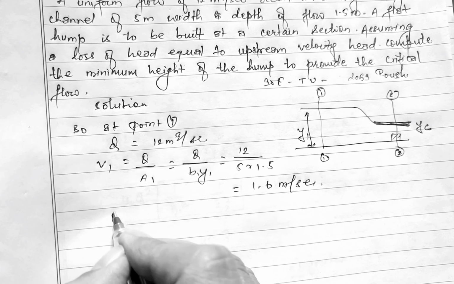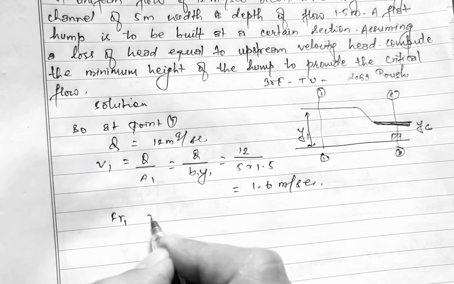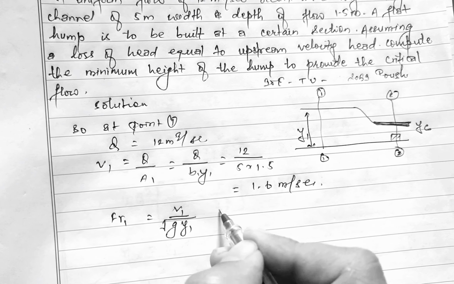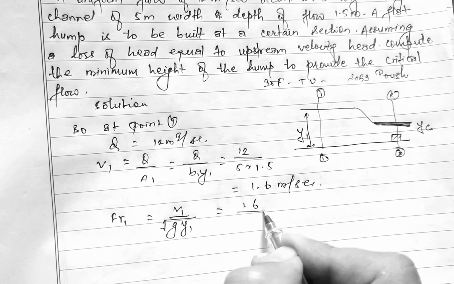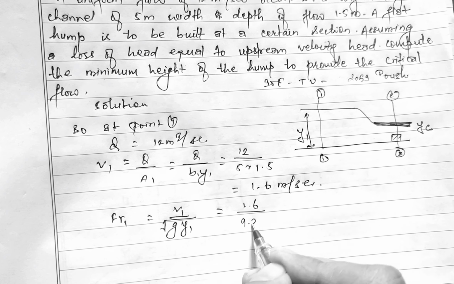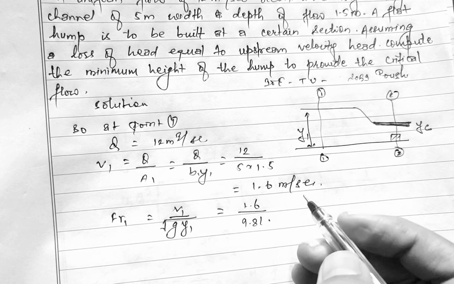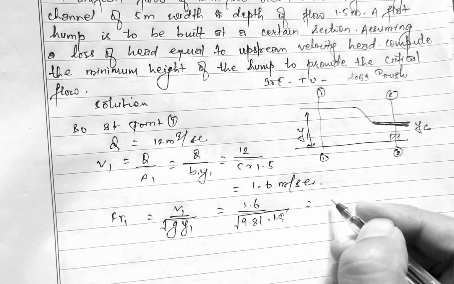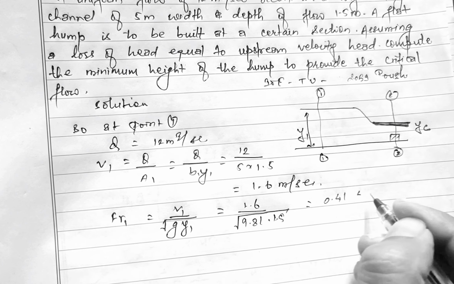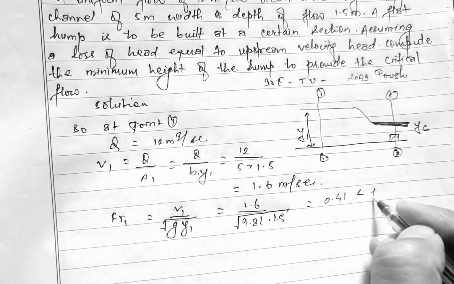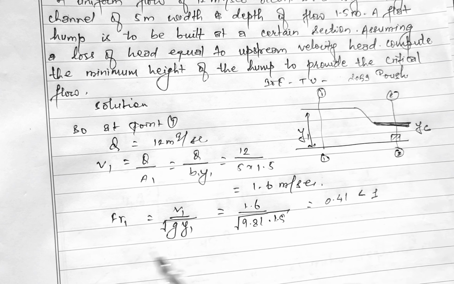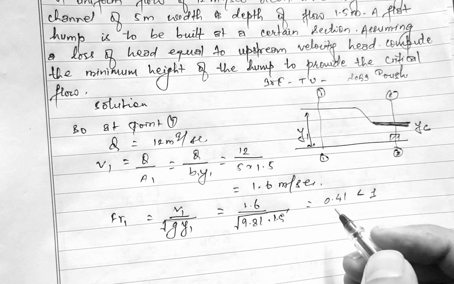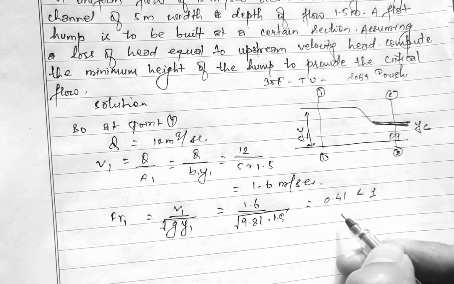Similarly, the Froude number at point 1 will be v1 by root over g y1. Placing the value of all this, 1.6 is divided by root of 9.81 times 1.5, which is 0.4, which is less than 1. When the calculated Froude number is less than 1, in such condition the flow will be subcritical.